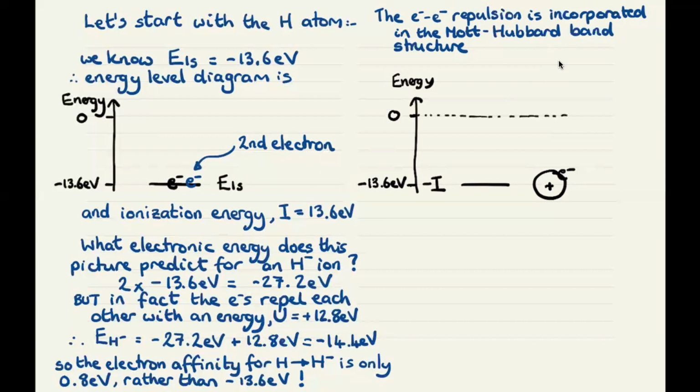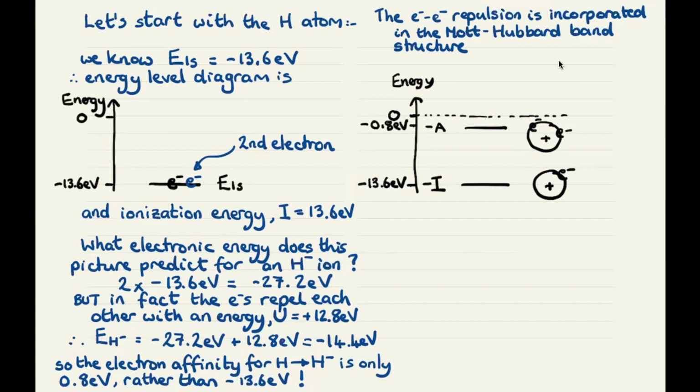So relative to the vacuum energy, the energy level for the second electron, so the case where we have a nucleus with 2 electrons, we know is at minus the electron affinity, which is at minus 0.8 electron volts.